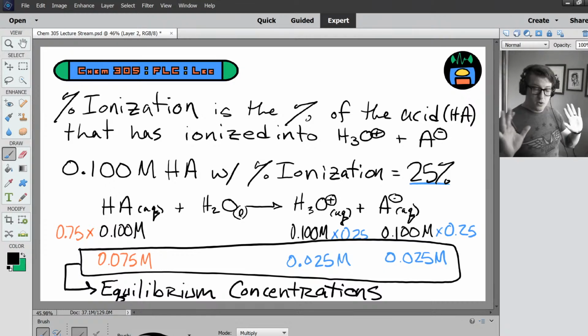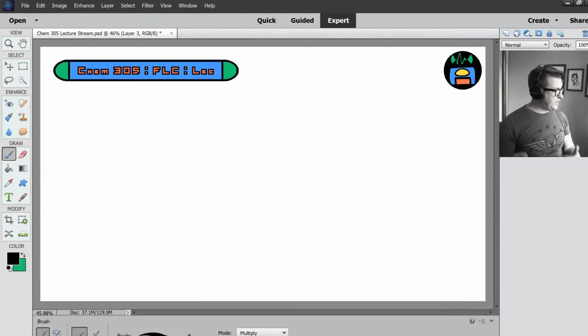All right, now we can use this concept of percent ionization. It'll show up in a couple places, but for now we can use it to solve problems like this. So consider the following example.